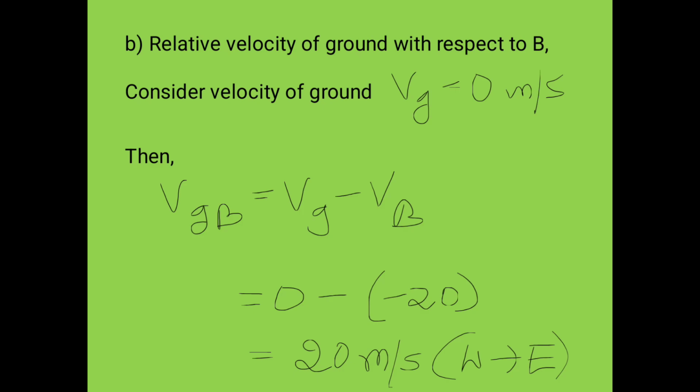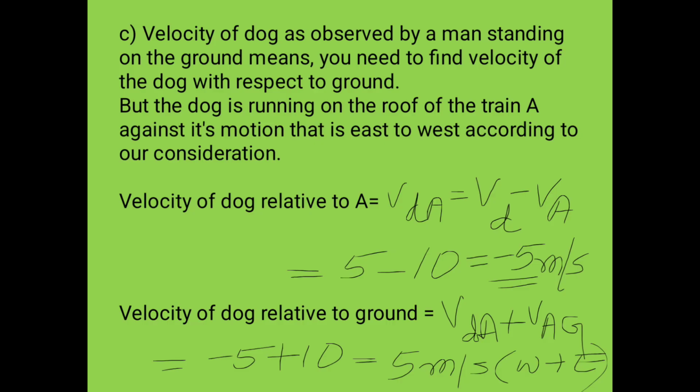Then question C: the velocity of a dog as observed by a man standing on the ground means you need to find the velocity of the dog with respect to the ground. You have to remember the dog is running on the roof of the train A, and train A is also moving.